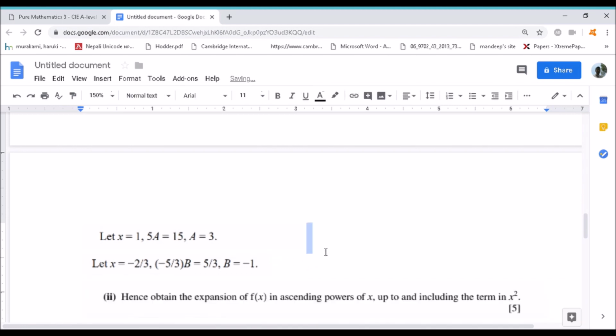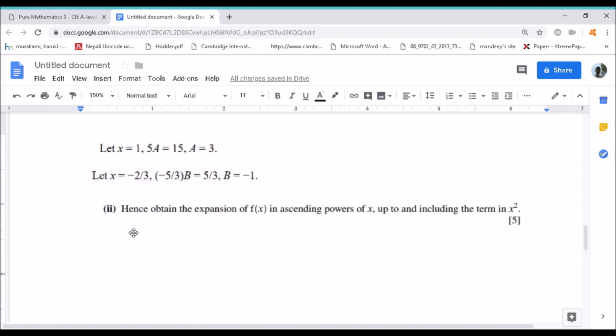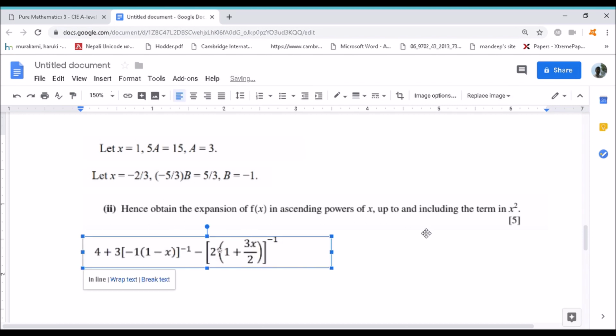After this, we have to do the second part of the question: hence, obtain the expression of f(x) in ascending powers of x up to and including the term in x square. So it's 5 marks. It's a lot of marks. If you make a mistake you will still get some marks, but it's better to get it right because it's an easy mark.